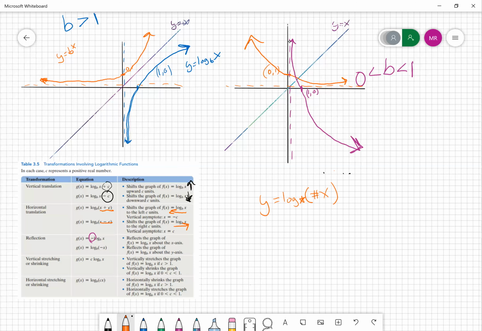Now it's going to shrink or get smaller if c is greater than 1, and it's going to stretch if that c or that number is between 1 and 0.